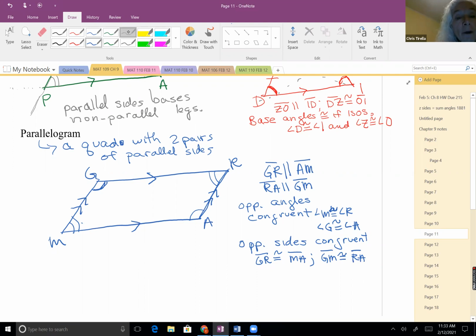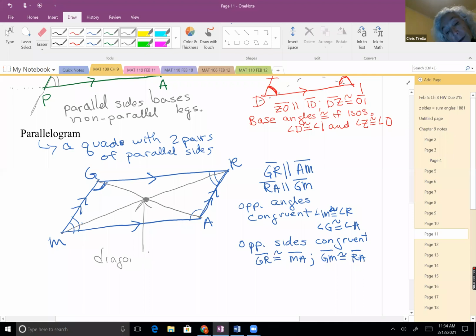And also, if I go through and I draw my diagonals in a parallelogram, we're going to find that the diagonals bisect each other. And again, that means that they split each other in half.